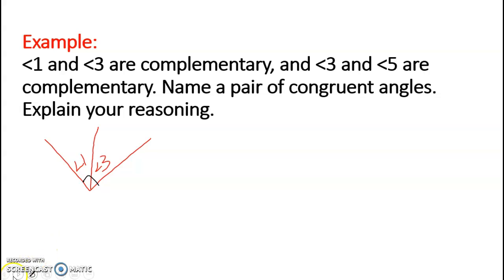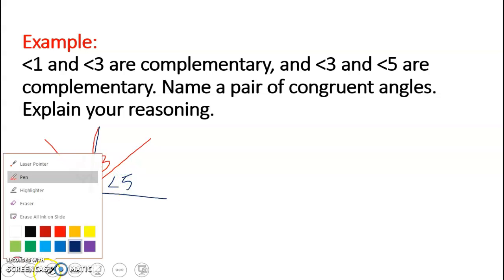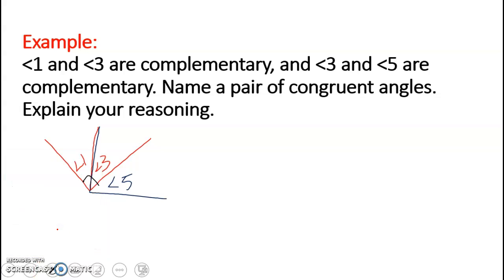And then we have another angle. Let me draw it in a different color. We have another angle here, which has angle 3 in it and has angle 5 also. Again, these two angles, let me draw them in red, are also complementary.